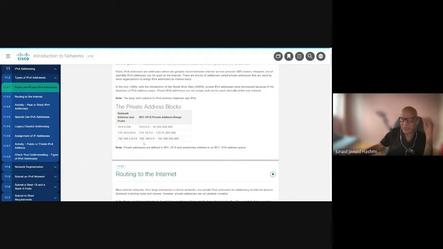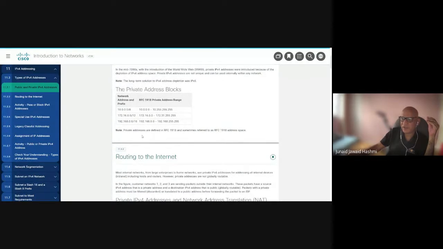They have to be translated to a public IP address. That's why you need the network address translation protocol. And there are three types of private IP addresses: class A, class B, and class C. These are the addresses you can use in your private network.